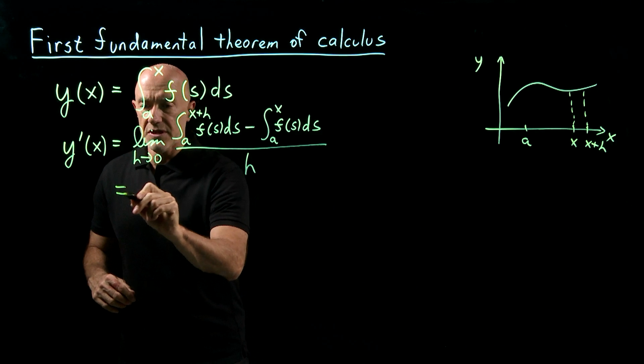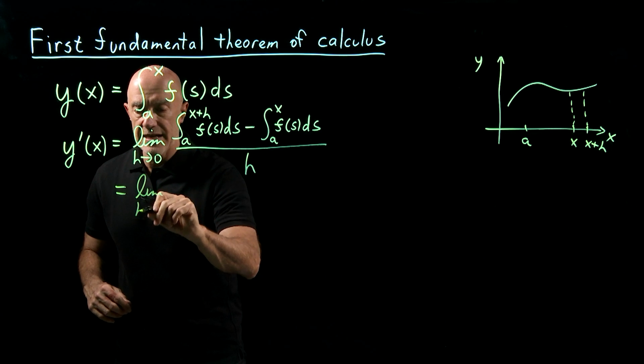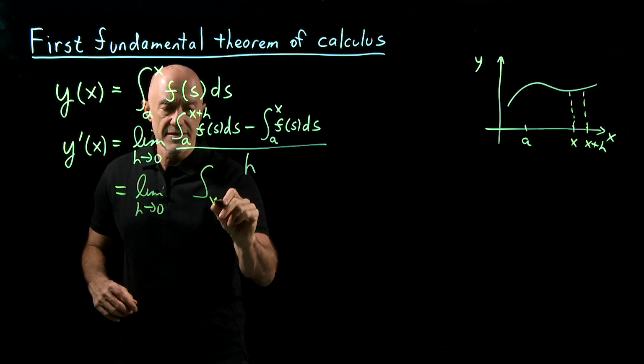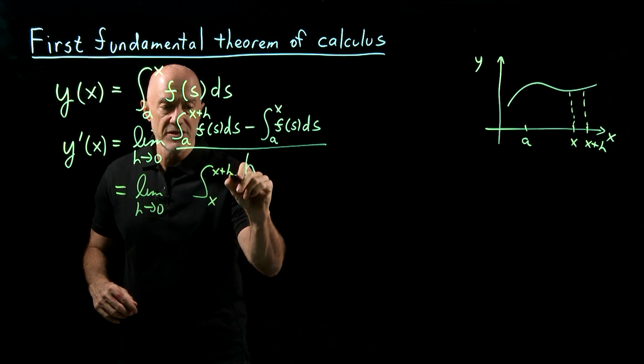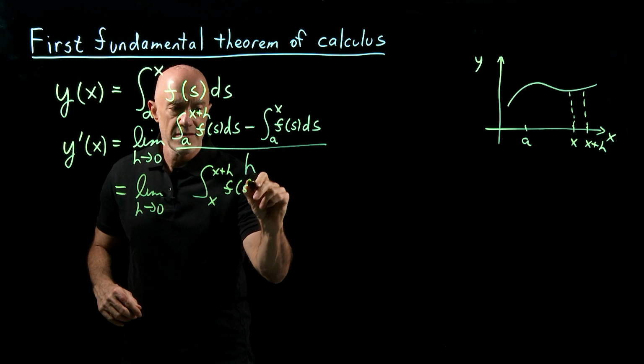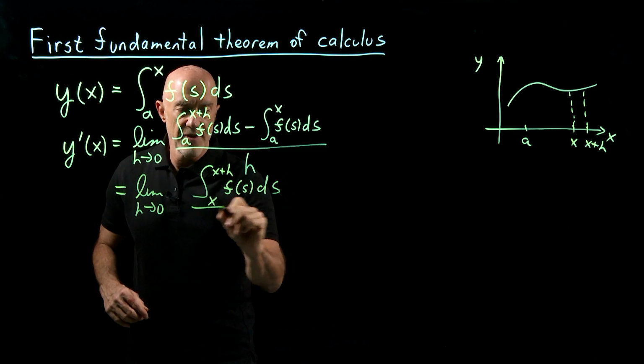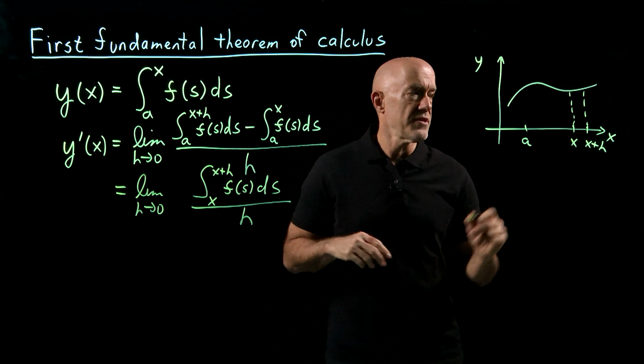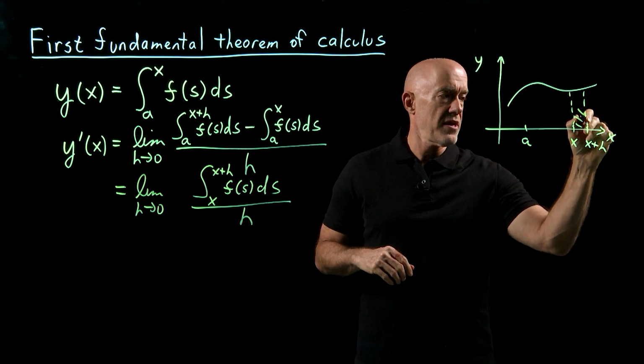So this becomes the limit as h goes to 0, the integral from x to x plus h of f of s ds divided by h. Okay, so now we're just talking about this area here.